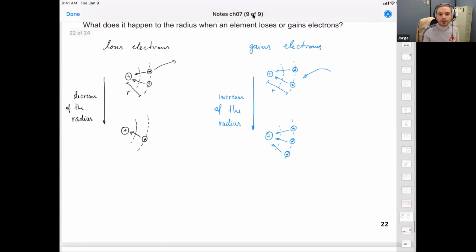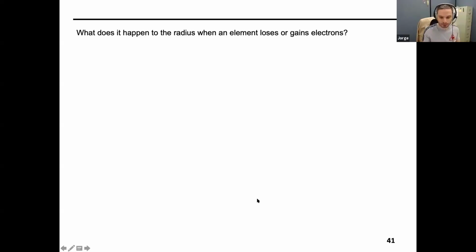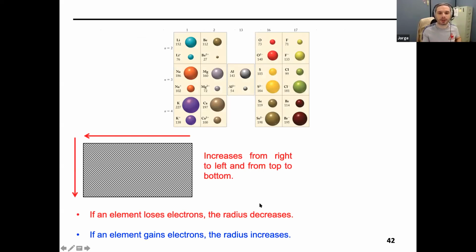Okay, so let me switch screens again and let me show you some examples here. Here we have lithium compared with lithium plus. So 152 to start with for the neutral element, and when it loses one electron it goes to 76. So you see a huge change from 152 to 76.